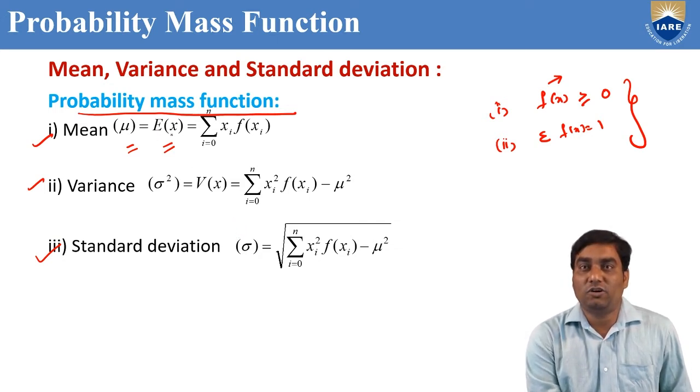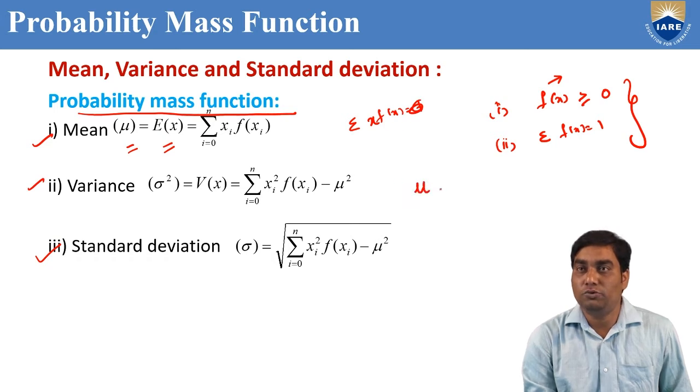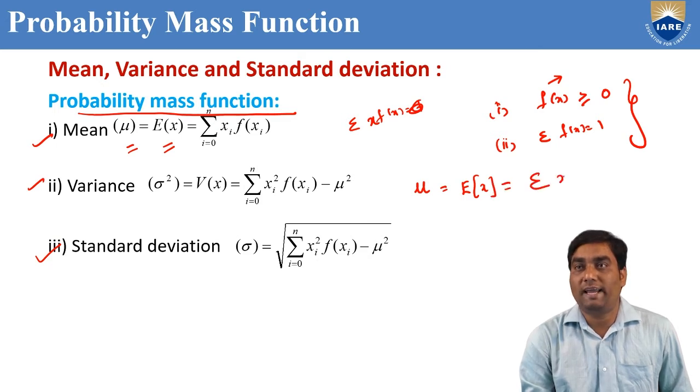If you multiply x into f of x, sigma x into f of x, that is called the mean of the probability mass function, denoted by mu or expectation of x.